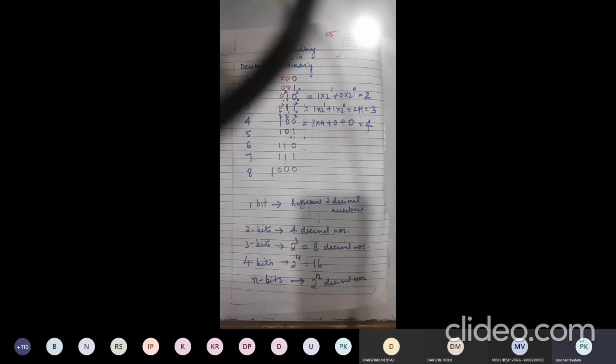Am I clear? I suppose you have understood the problem. Although processing is easy in binary form, and processing is done in binary form only, at the end you have to represent the output in decimal form again, right?